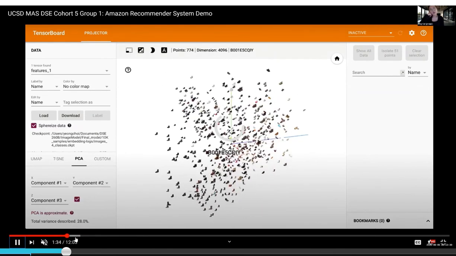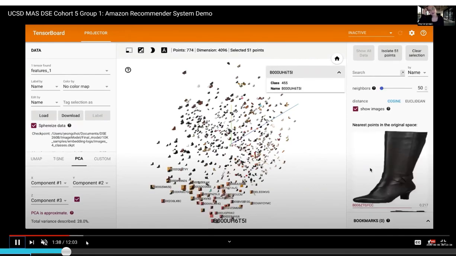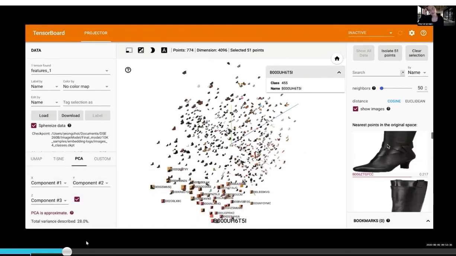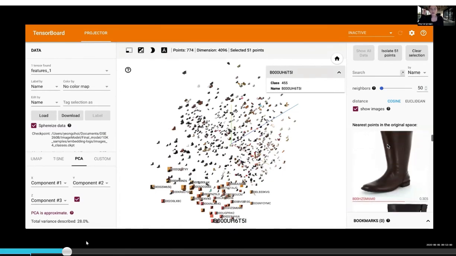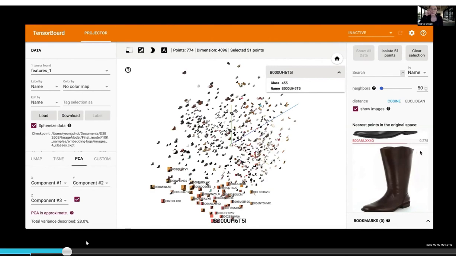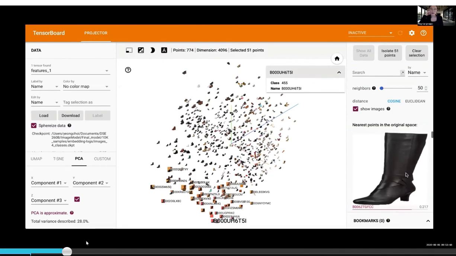Here, if we click one specific product, it gives us a list of the nearest neighbors with the product ID and the distance between the products. We can also choose different numbers of neighbors, or choose a different distance matrix.